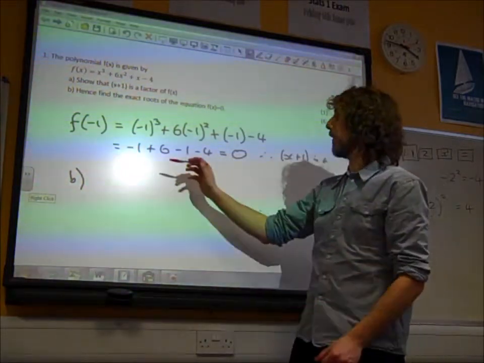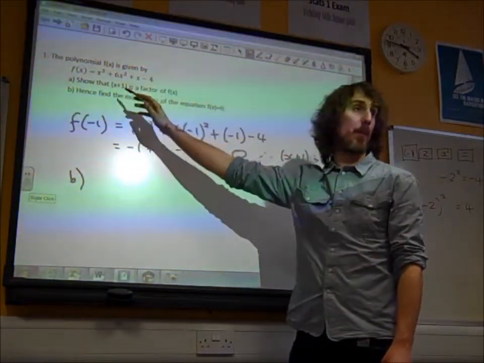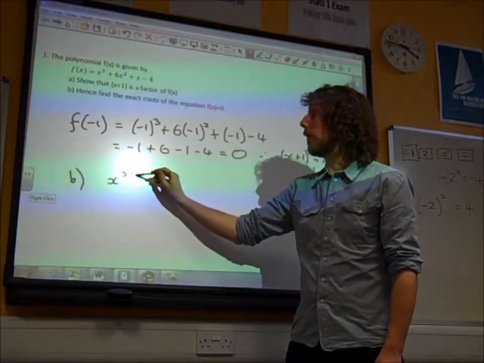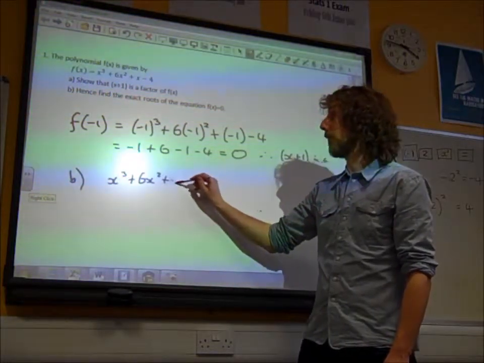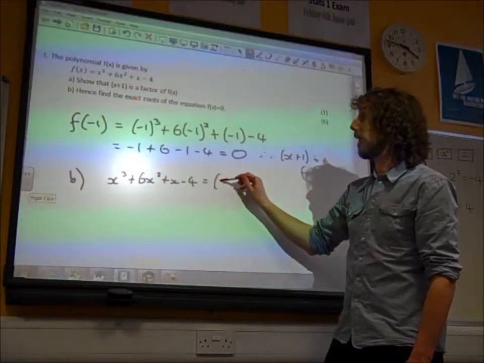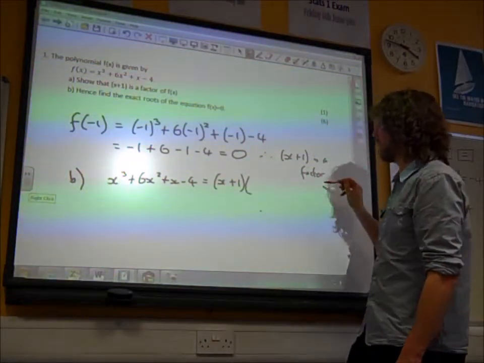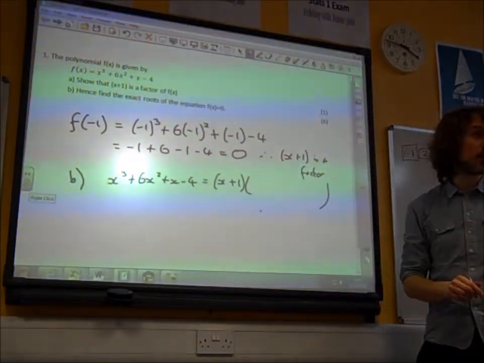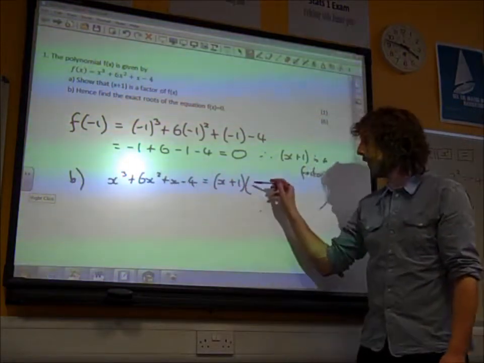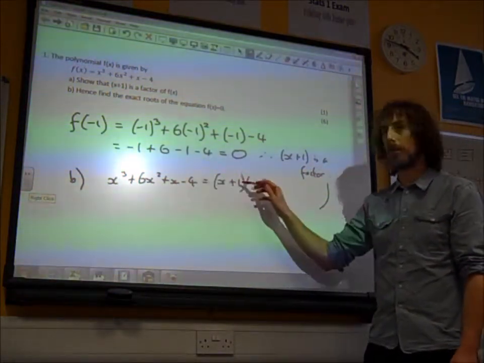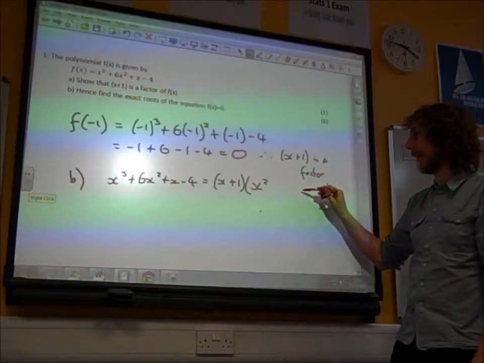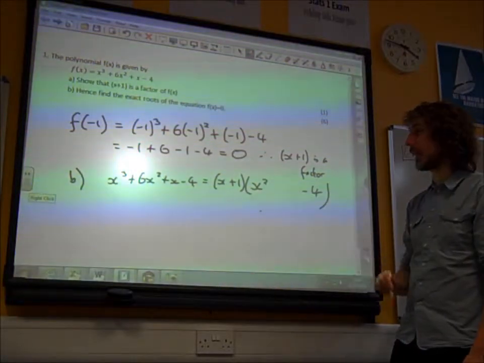So let's work this through. We believe that x plus 1 is a factor, so that means x cubed plus 6x squared plus x minus 4 is x plus 1 times something. The something is x squared, then minus 4 at the end, because 1 times minus 4 gives minus 4.